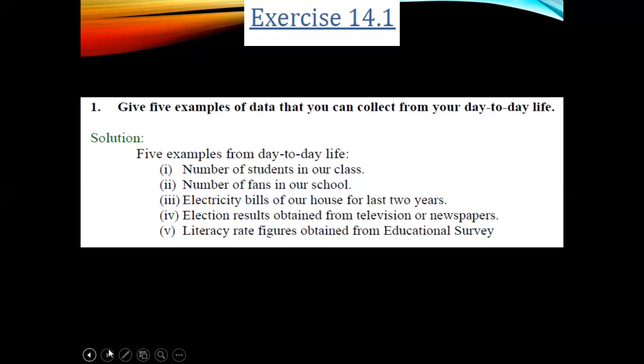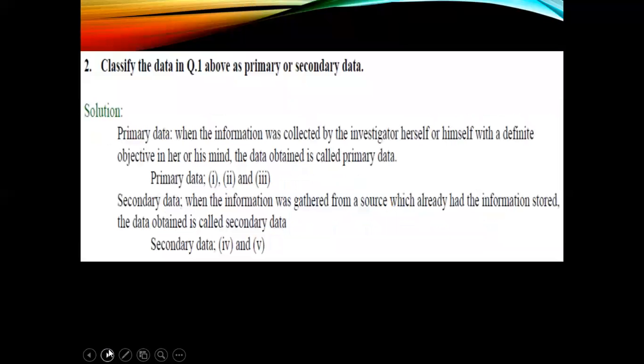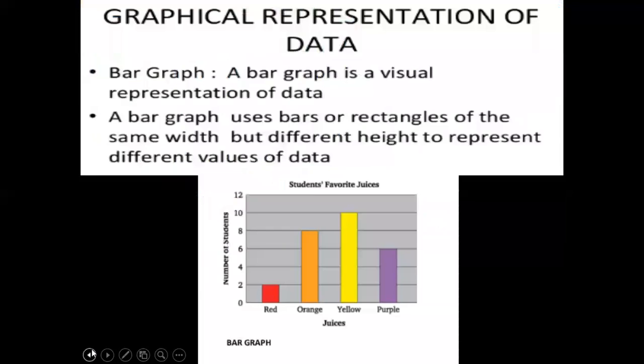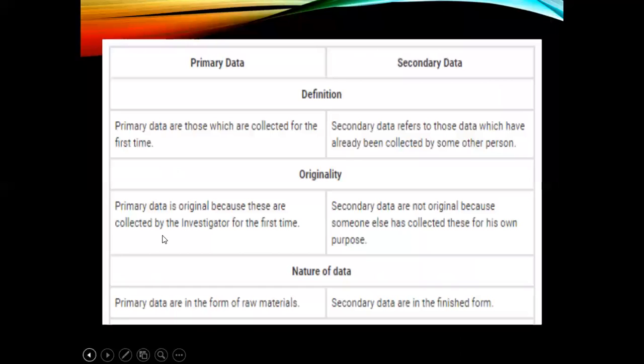If yes, then let us quickly get to the second question. The second question asks us to classify the data that we have used in question number 1 as primary or secondary data. Now, before we get to the solution to this second question, I want you to understand and recall what was primary and secondary data.